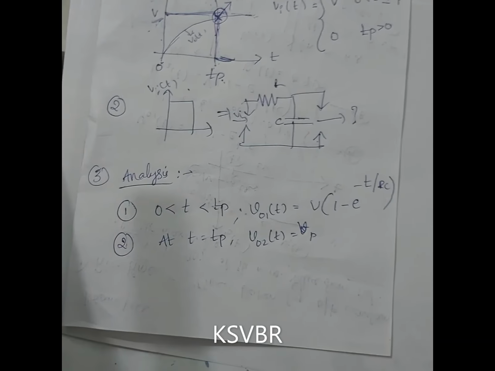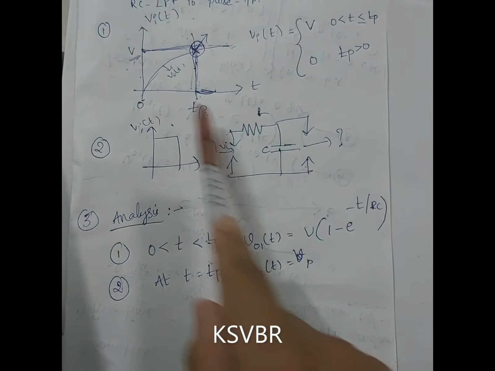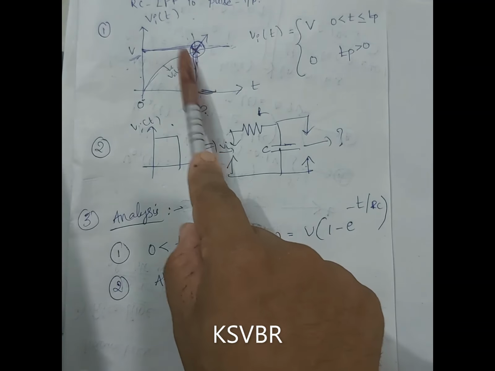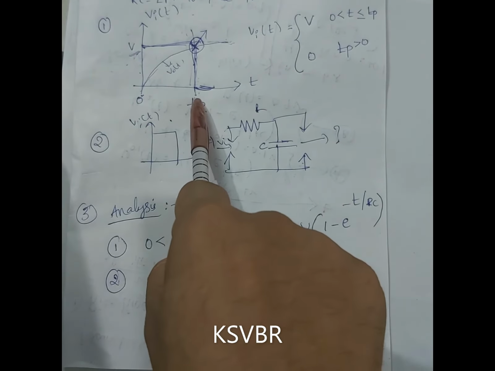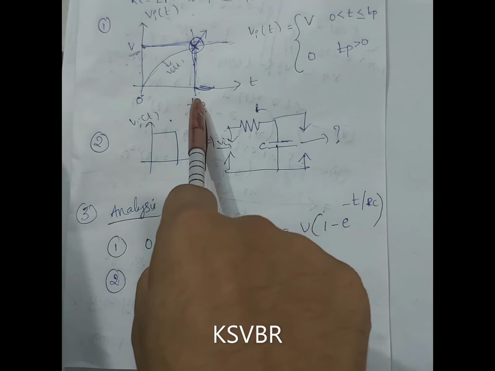By application of this pulse signal, the capacitor in RC network is slowly charging and reached some point and the input is terminated here. So now there is some voltage in capacitor. Okay, so what it will do? It won't store that voltage; till this time it charged, and from this point it starts discharging.